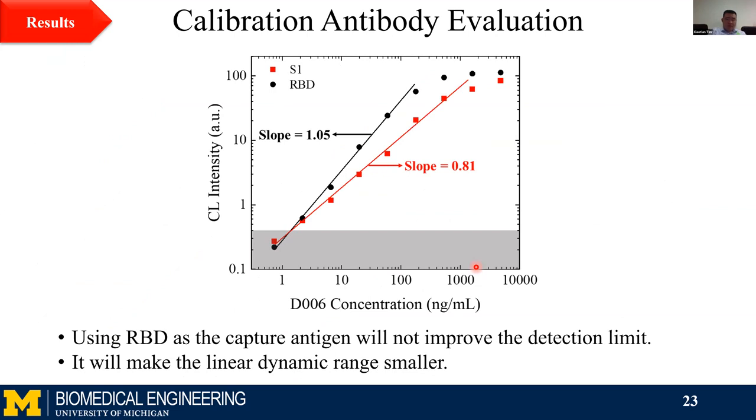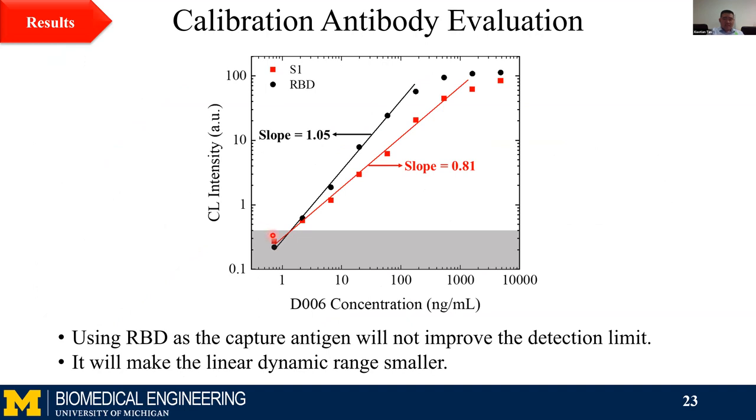We also tried to improve the detection sensitivity of our assay by replacing the S1 with the S1 RBD, receptor binding domain, as a capture antigen. But as I showed here, it only generates a more sensitive result, which means the slope is higher, but it cannot generate a measurement with a better limit of detection.